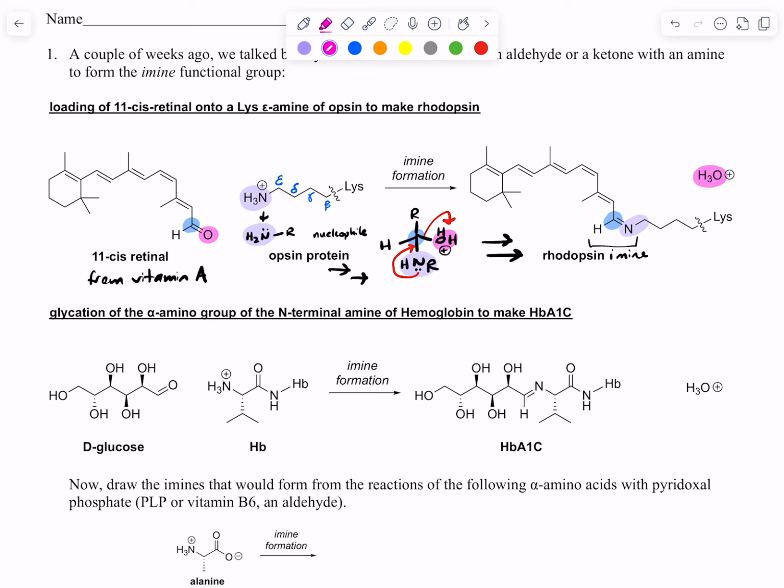I don't care that you know the mechanism. I do want you to be able to predict the products of imine formation. The starting materials for imine formation are either an aldehyde or ketone, and then an amine, and they react together to form an imine. Are there questions about what an imine is?